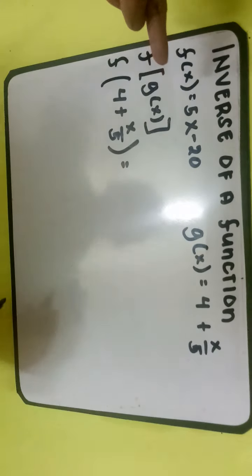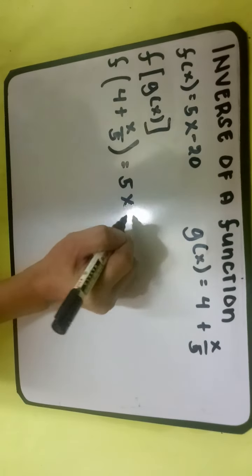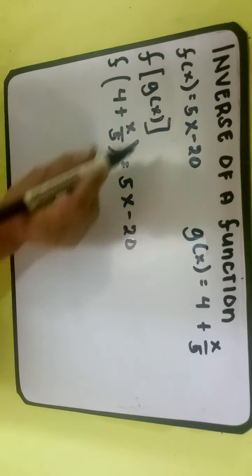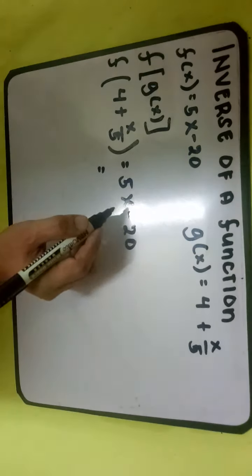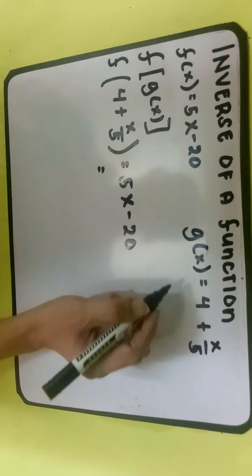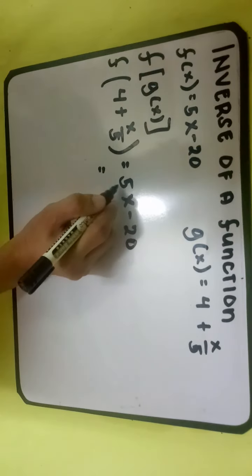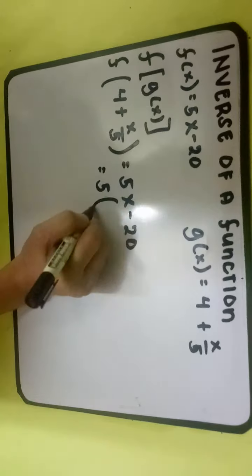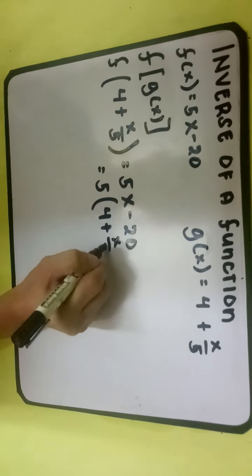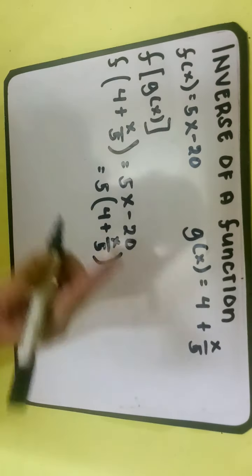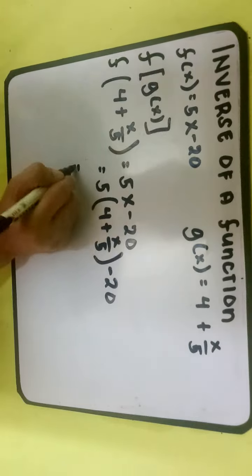So, for the function f of x, that is 5x minus 20. Papalitan natin lahat ng x ng value or equivalent ni g of x, which is 4 plus x over 5. So, we just copy 5, and then we copy 4 plus x over 5. So, that is composition of functions. Minus 20.